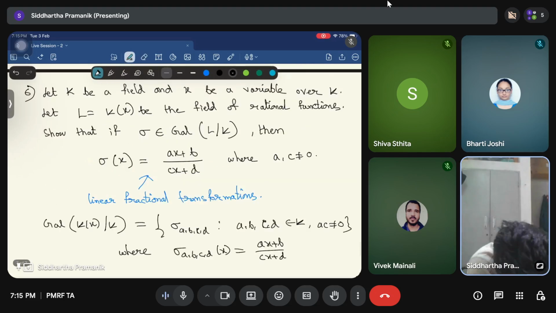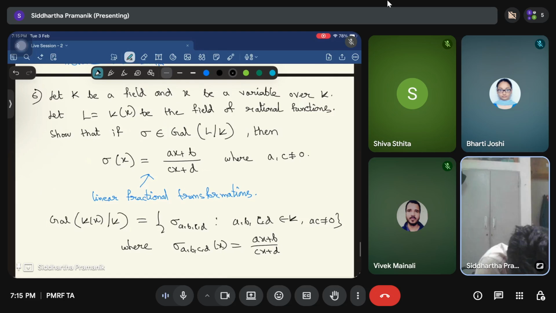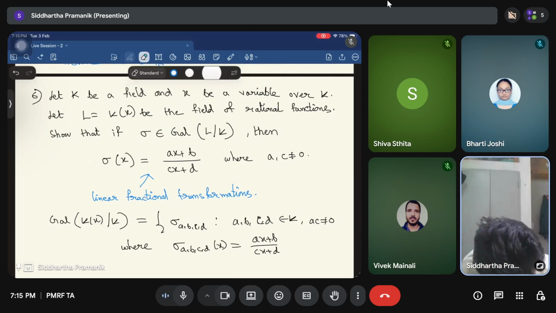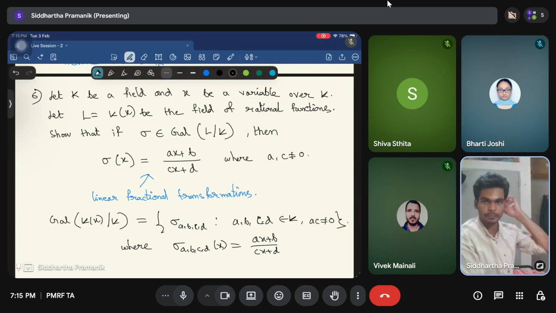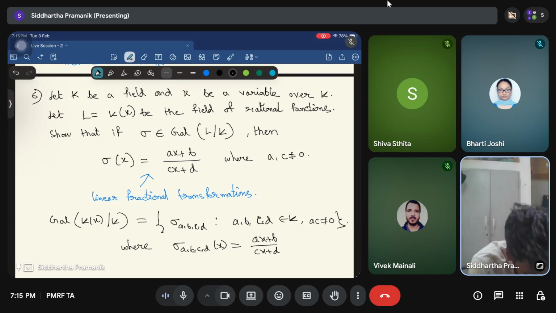So, okay, you understood this problem. So this is the set of all automorphisms of K(X) which fix K. So we have to prove this. So to prove this, I need a result. So I will mention that.